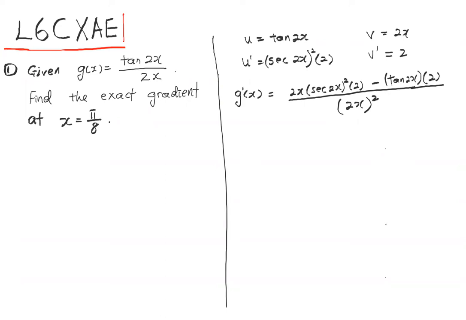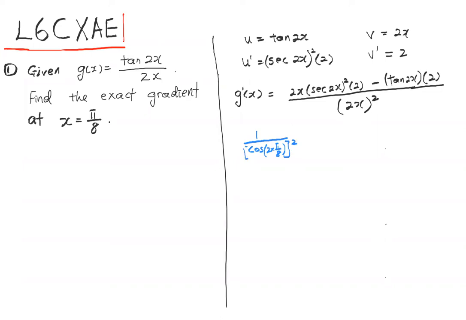What I can do is, at the side of the question or below it, I just write: I know that secant is 1 over cos. I want the x to be pi by 8, so I straight away put in 2 times pi by 8, then the whole thing squared.